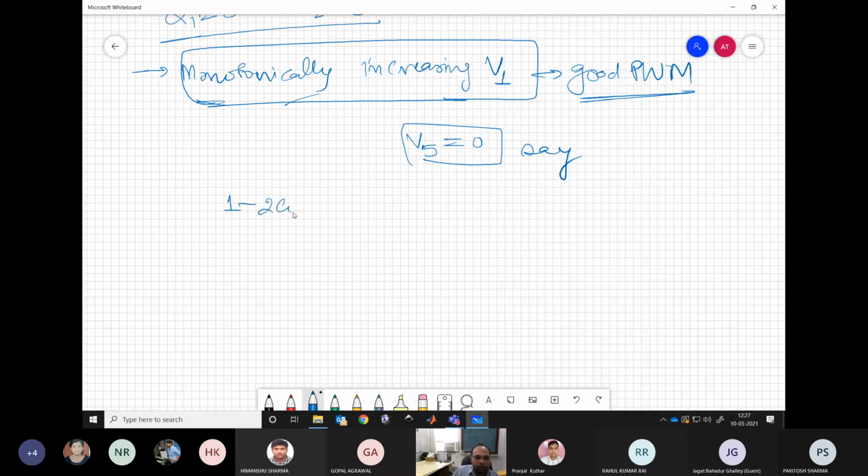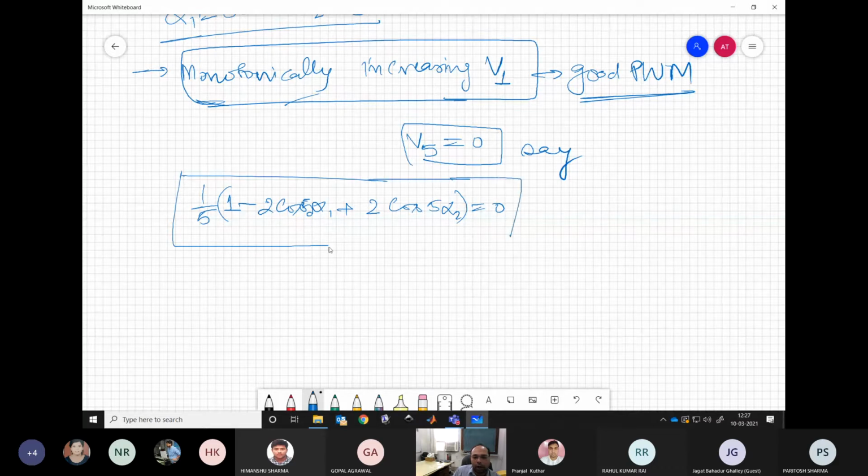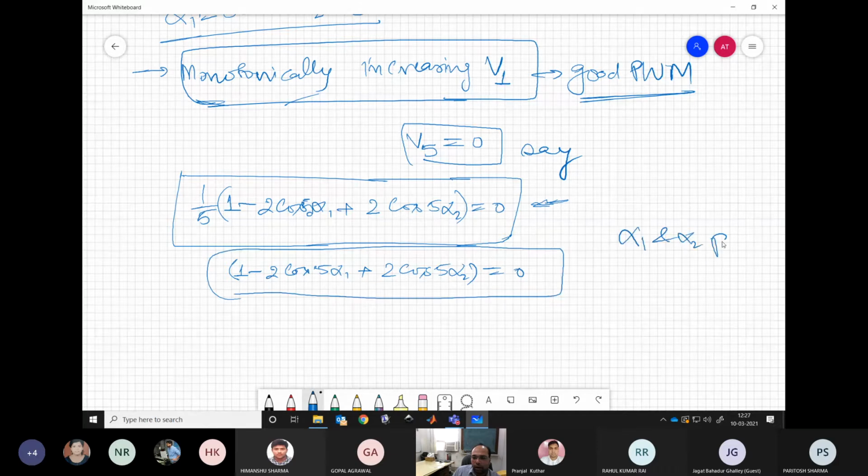So we have 1 minus 2 cos alpha 1, sorry, here this would be 5, cos 5 alpha 1 plus 2 cos 5 alpha 2 equal to 0, and of course 1 by 5 is here. This is the value of V5 that we are trying to equate to 0. So again, ultimately it is this expression only, which we are trying to plot in our alpha 1 and alpha 2 plane.